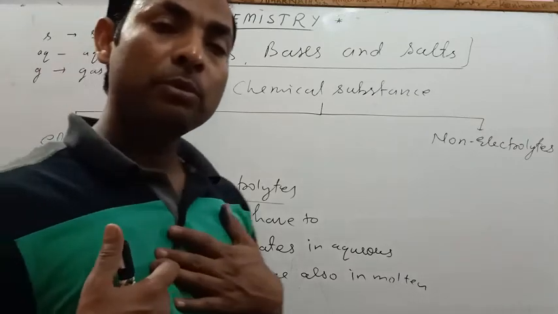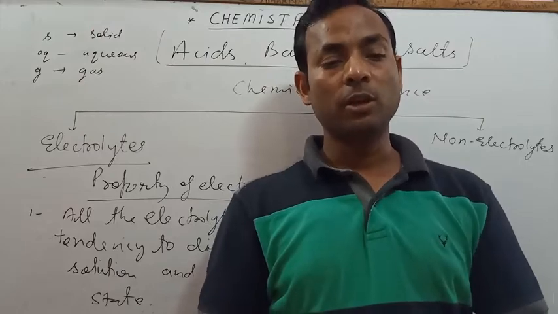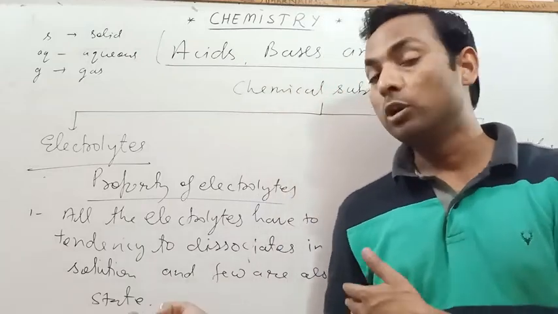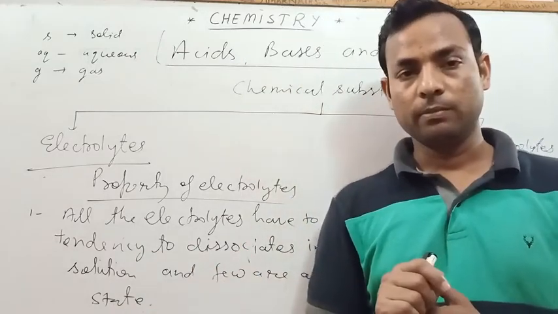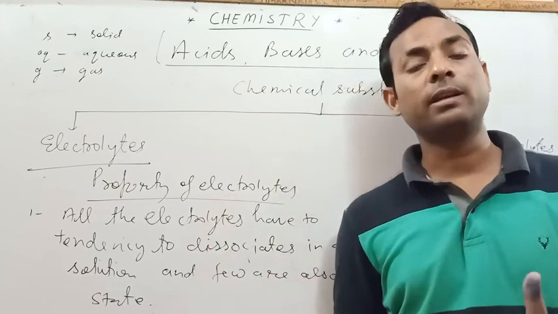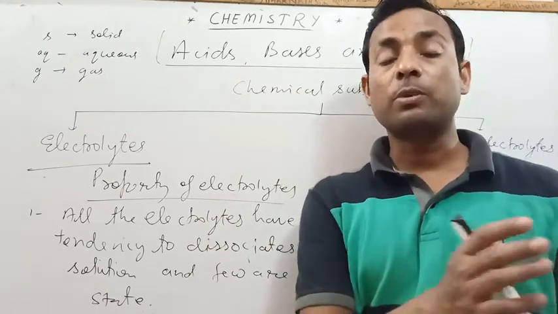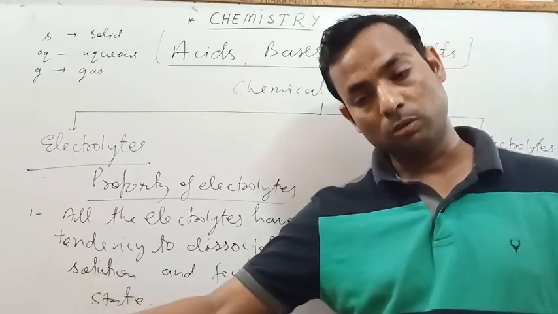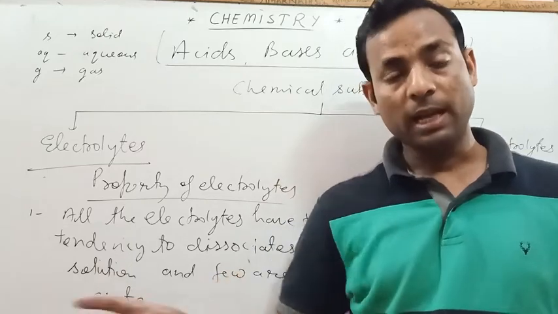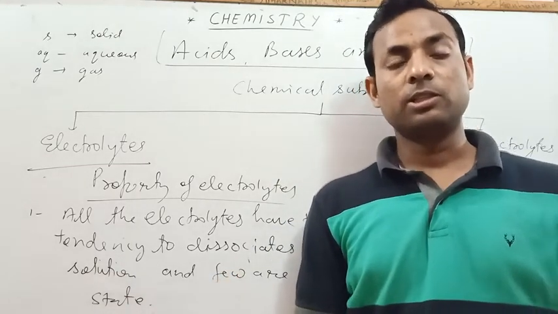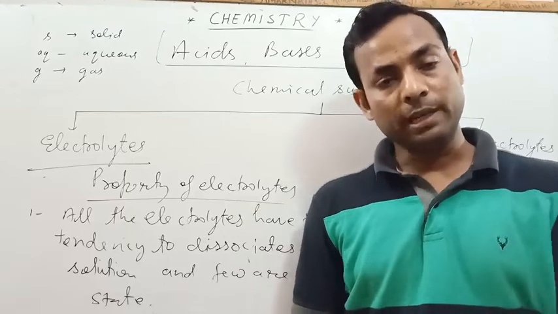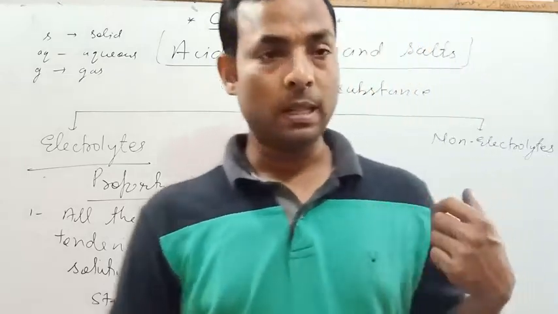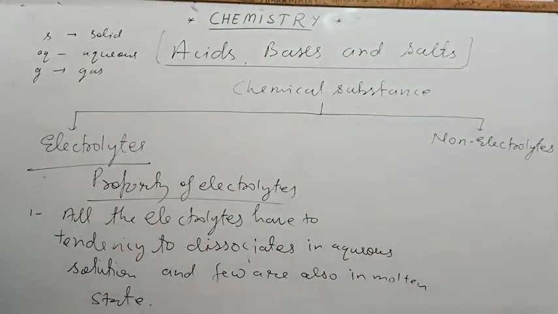All the electrolytes have the capacity to ionize or dissociate in aqueous solution, and a few in molten state. Only such electrolytes which are present in a solid form, like solid NaCl, have the tendency to ionize in aqueous solution as well as in molten state. Solid calcium chloride, CaCl2, also has the tendency both in aqueous as well as in molten state. That's why I've written it. Okay, this is your first property of the electrolytes. Please take a screenshot.